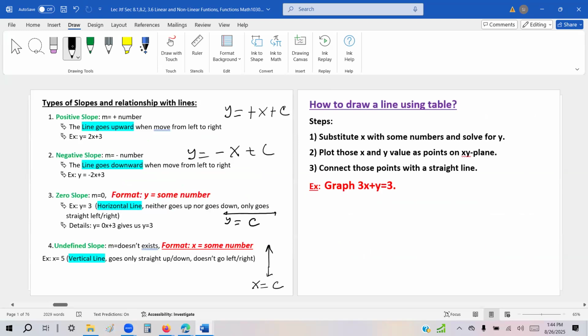Drawing line. We can draw a line 3 different ways. The old school method is to plot some points. So you pick some x value or y value, solve for the other variable, plot them on the plane and connect them with a straight line. Let me skip that because this is the most unreliable method.